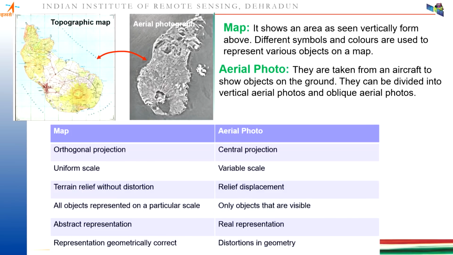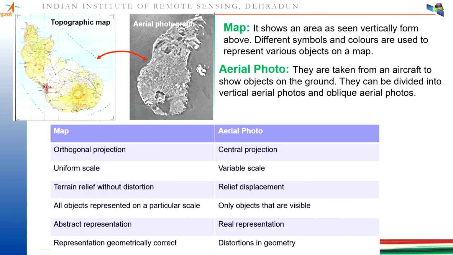It is an abstract representation in the topographic map. Suppose there is a temple, we make only a dot for that, only a position for that. So it is an abstract representation in a topographic map, whereas in case of aerial photograph, it is a real representation. There is no distortion in case of topographic map, whereas there are many distortions in case of aerial photographs. So this is how we can differentiate between topographic map and aerial photographs.